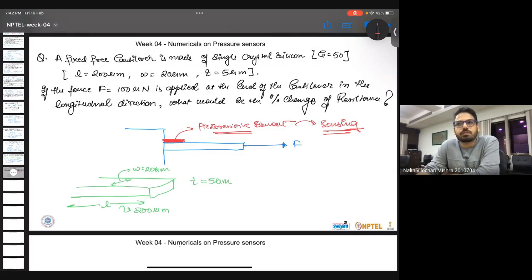So finally you need to calculate the value of stress. Stress is given as force by area. The value of force is given, area you can calculate. So that's how you can reach the change in R by R value. So please do it. I have given you the hint. Please try to do it.